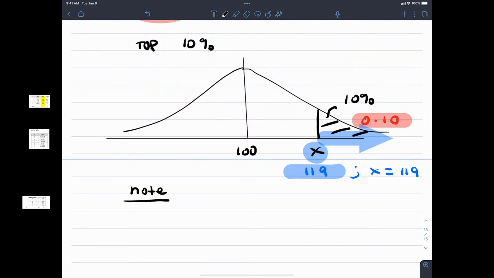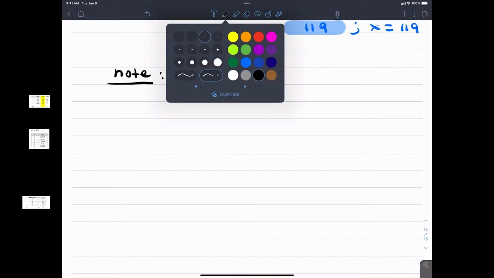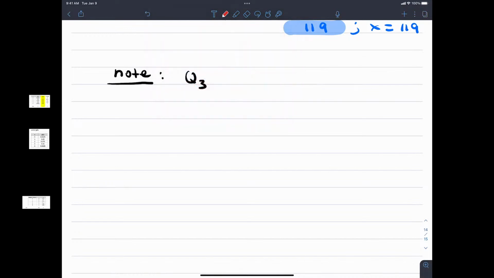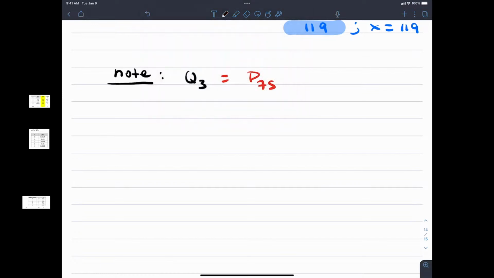Now let's see if you're awake. This is a question that people have been waiting for. What does this mean? What's Q3? Q3 is what? The 75th percentile. Is that true? So sometimes they'll say, what value represents the third quartile value?